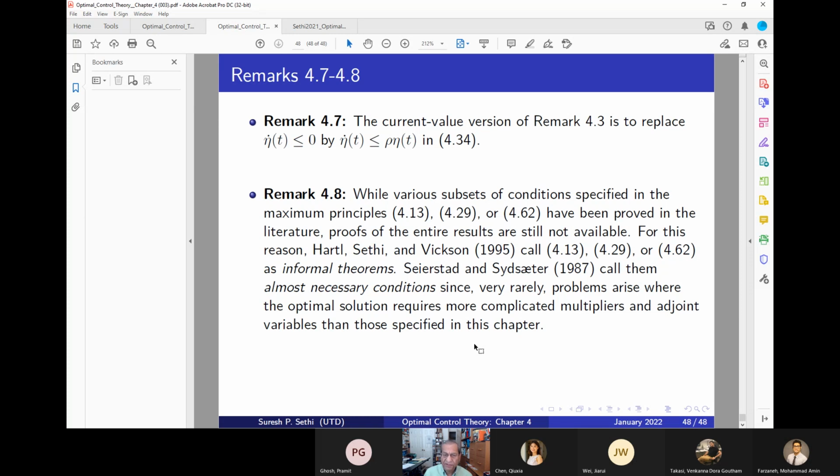The applications of the theory to problems in production, finance, marketing, economics, etc. The optimal control theory was still new when I was doing my PhD, not new in economics, but in management science, it was new.